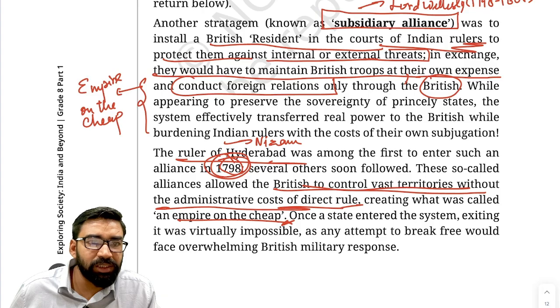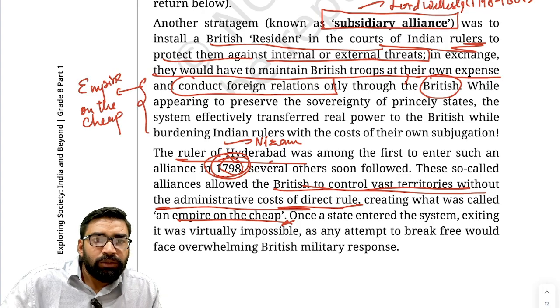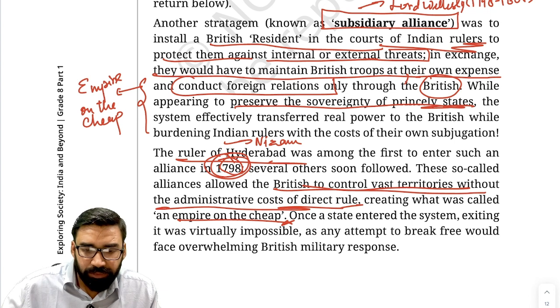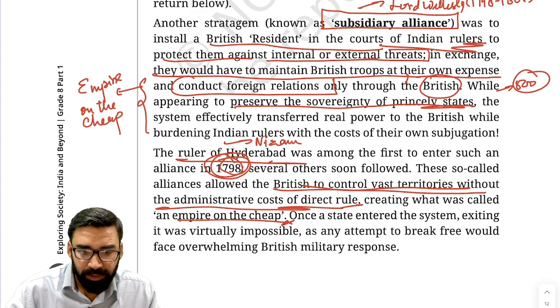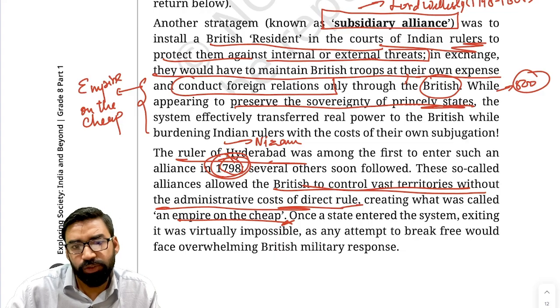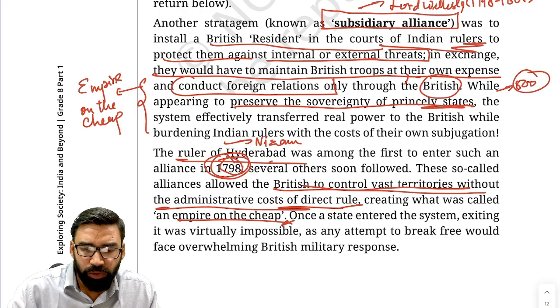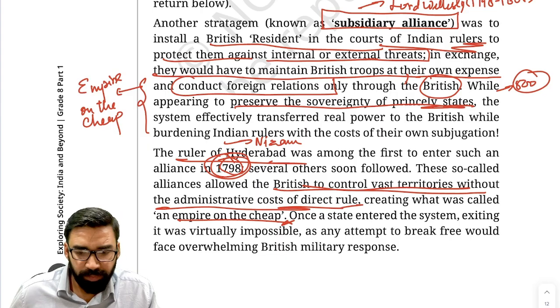With respect to princely states, over 500 princely states were there at the time of independence, and they covered 40% of the Indian subcontinent. Like Hyderabad, Mysore, Travancore, all these were there. So these were the policies of the British.